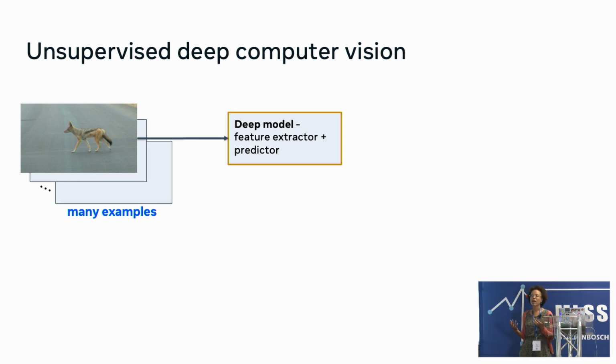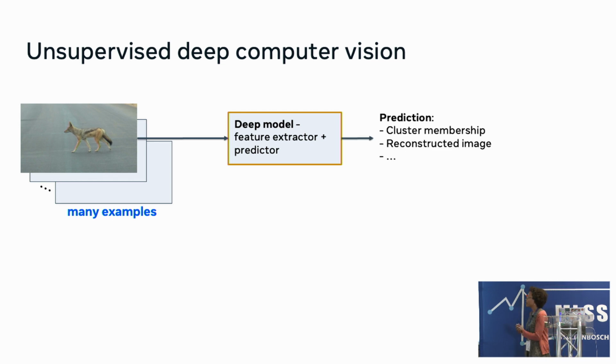When we have a deep model, you can think of it as being composed of a visual representation piece, i.e. a feature extractor, that's going to give us some sort of vectorial representation of our image. And then we're going to have some predictor, some function that's going to give us a prediction of interest. And normally we train these two things jointly, so you can think of it as one unified model.